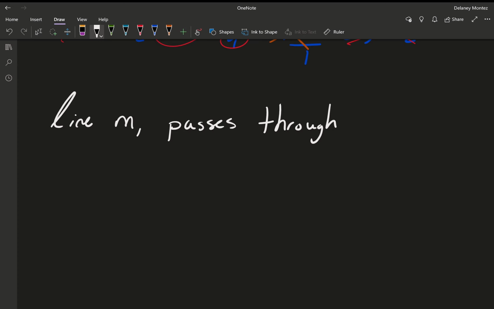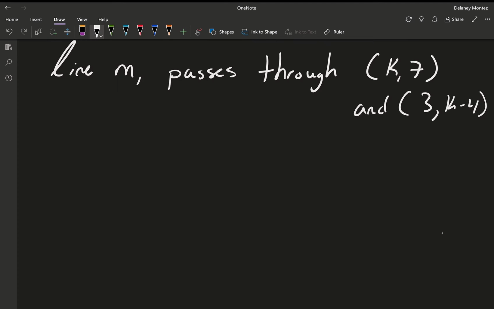Through points K, 7 and 3K minus 4, right? And you know the slope is 3, right? What's the value of k?